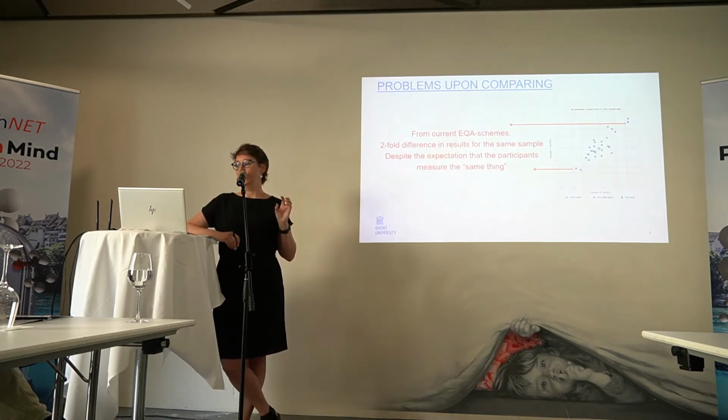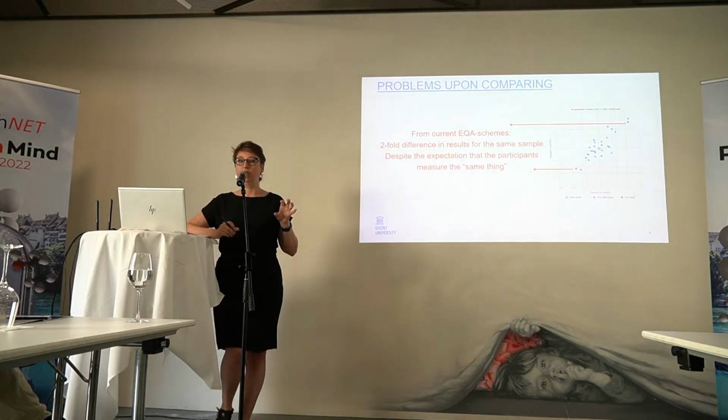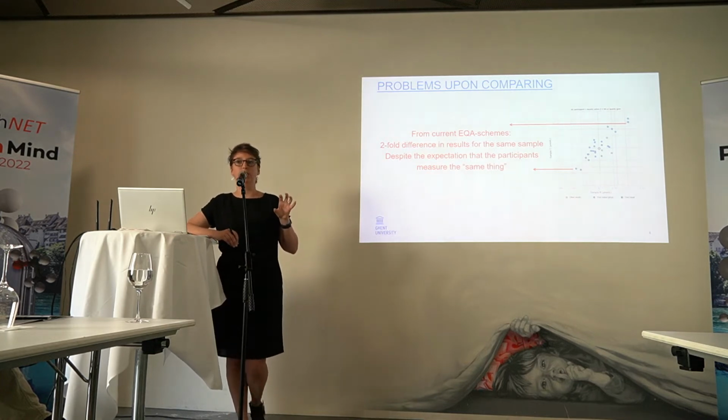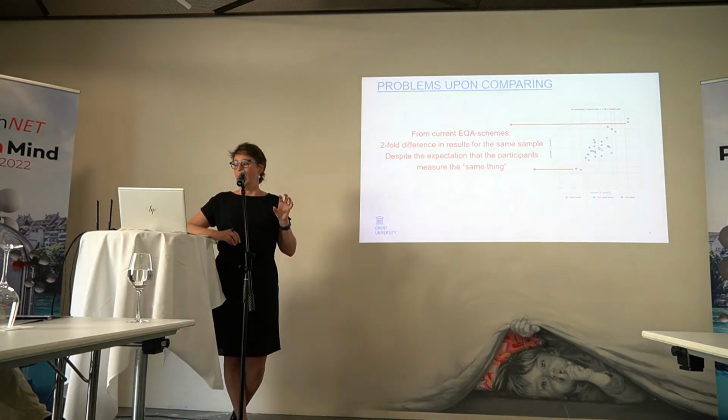And if we are honest to ourselves, we know that at this point in time, we are not there yet. These are results from an EQA scheme. I actually forgot to put a reference, but these are results from the EQA scheme from Equalis. And you can see that there's a twofold difference in results for the samples, despite the fact that we claim to measure the same PEth 16:0/18:1.